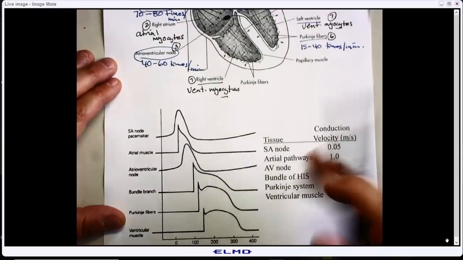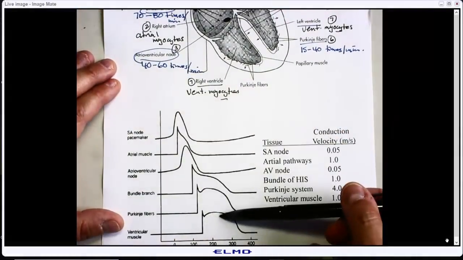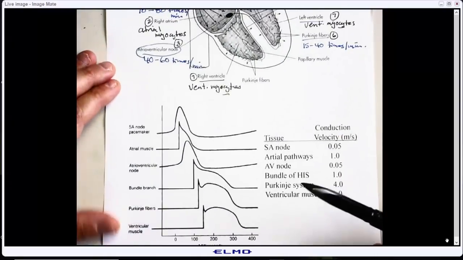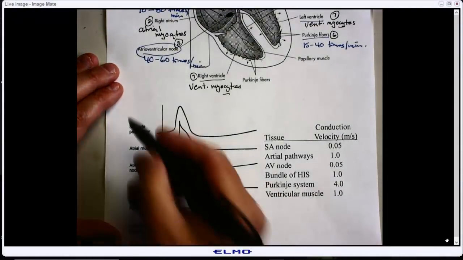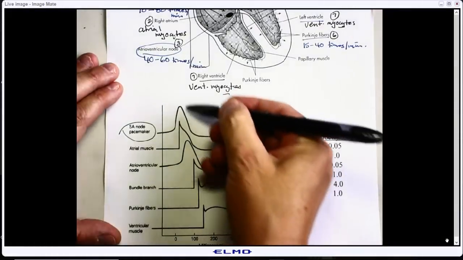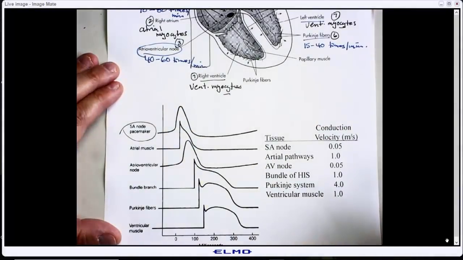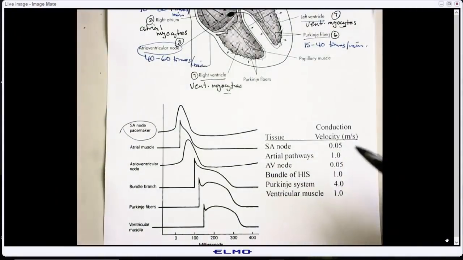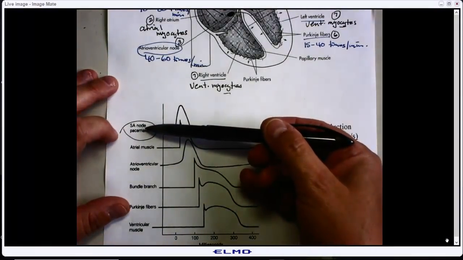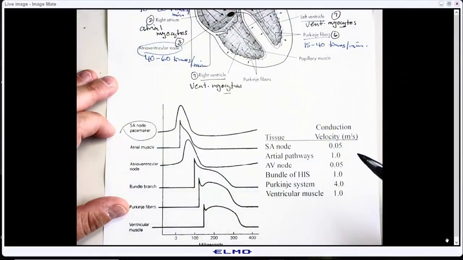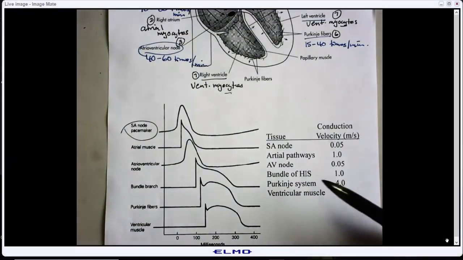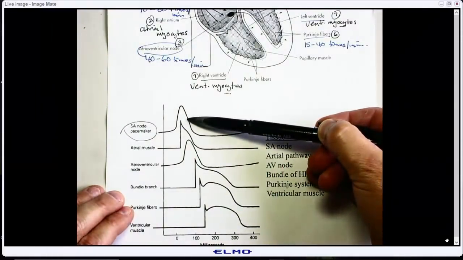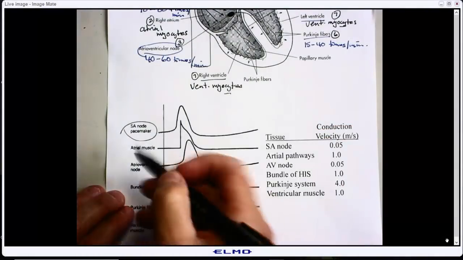So in terms of the progression of the action potential through the system, I've got a depiction of the action potentials down here. So we have been talking in great detail about what makes up the change in membrane potential with the action potential of the SA node pacemaker cell. Okay, and then we talked about how that action potential would be passed on to the atrial myocytes.